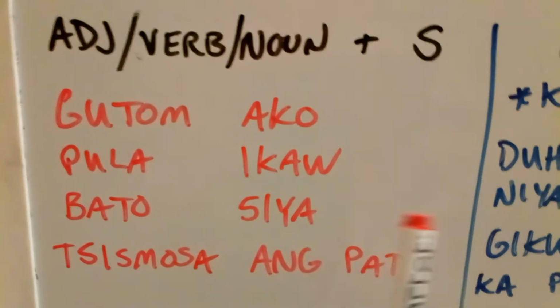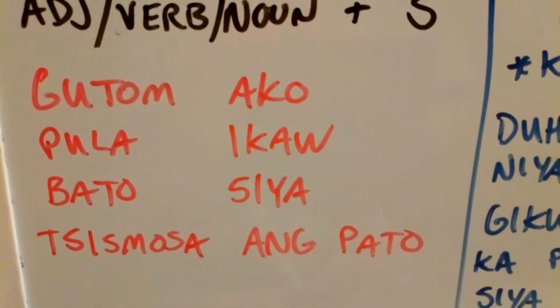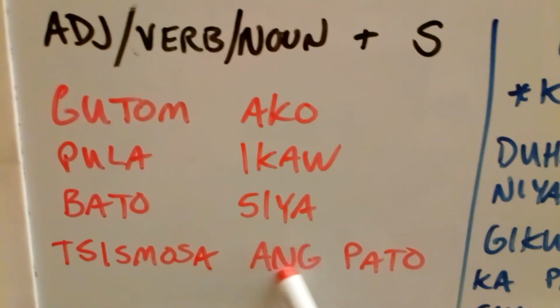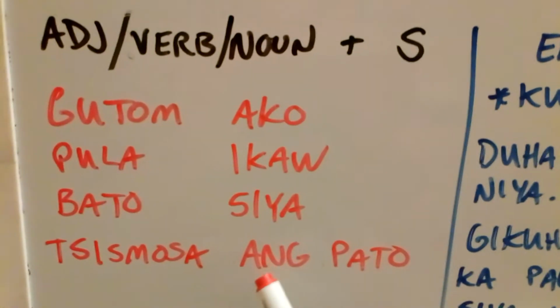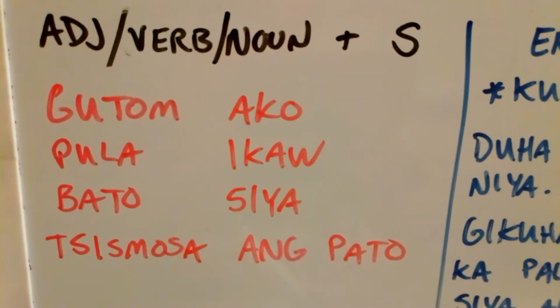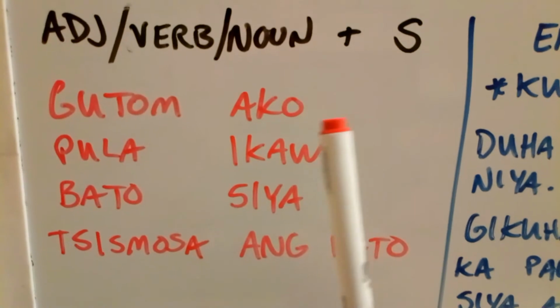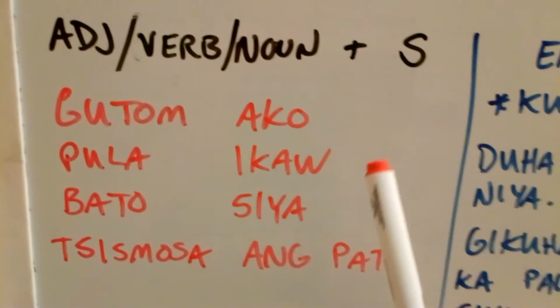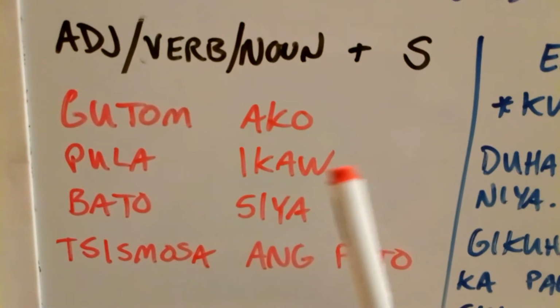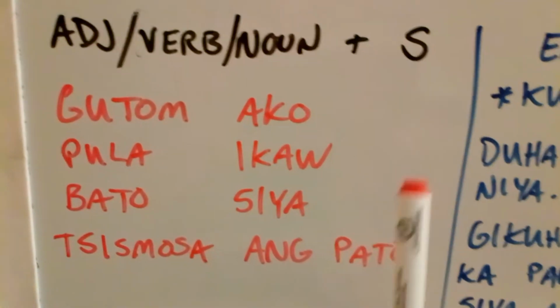But if you're referring to pronouns like he, she, it, and other people like that, you don't need to put this marker because there's already a case for pronouns, and that's the absolutive case. The absolutive case already tells the listener that you're talking about this person, and that person is the main focus.